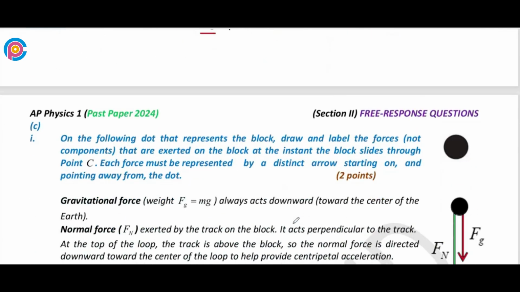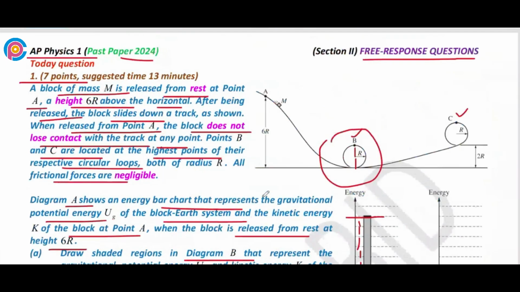Now, in the next part of the question: on the following dot that represents the block, draw and label the forces, not components, that are exerted on the block at the instant the block slides through point C. Each force must be represented by a distinct arrow starting on and pointing away from the dot. Point C is the topmost point of the loop.